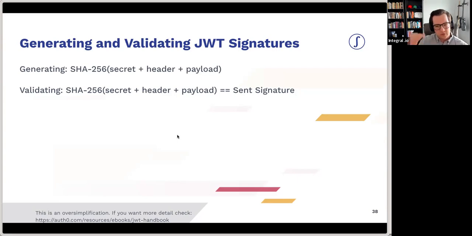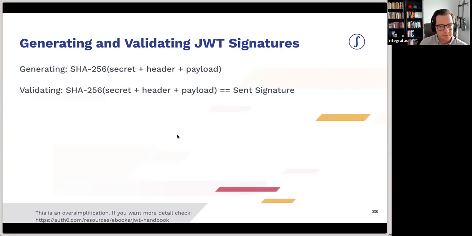The idea, though, is that you take the secret, that secret that only the backend server knows, and then you take the header and the payload of the JWT and you hash the whole thing. You append all of that together and hash it, and that ends up being your signature.